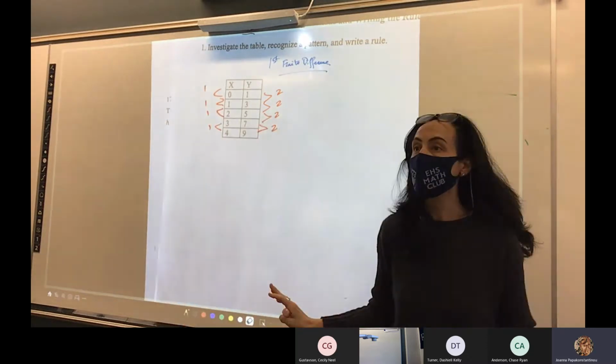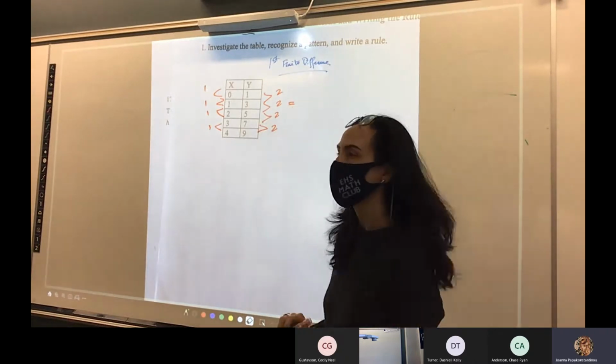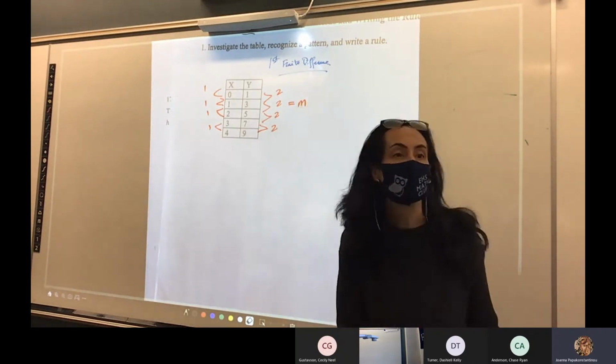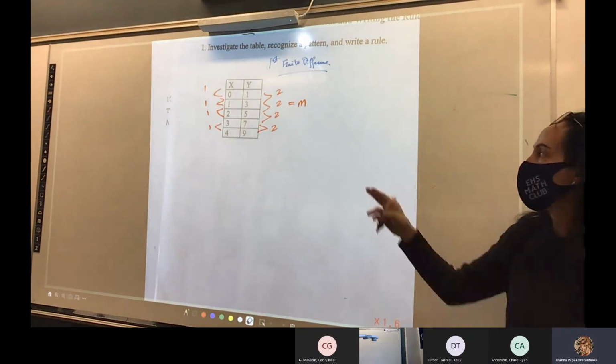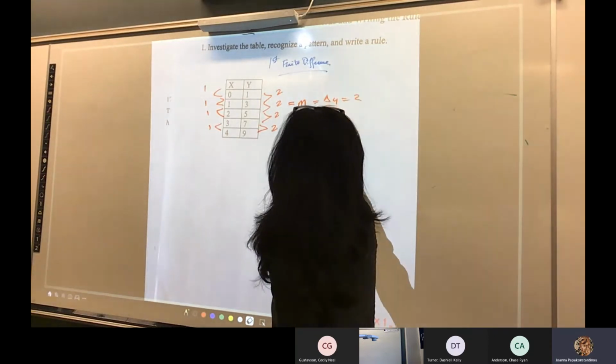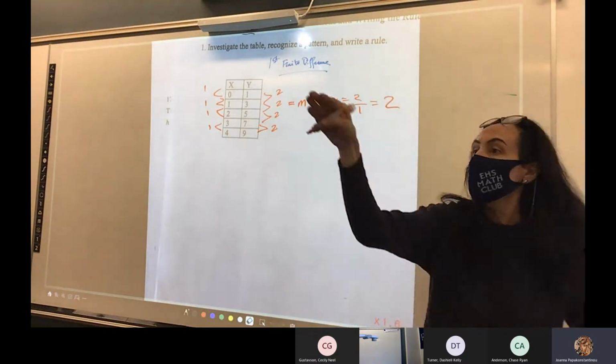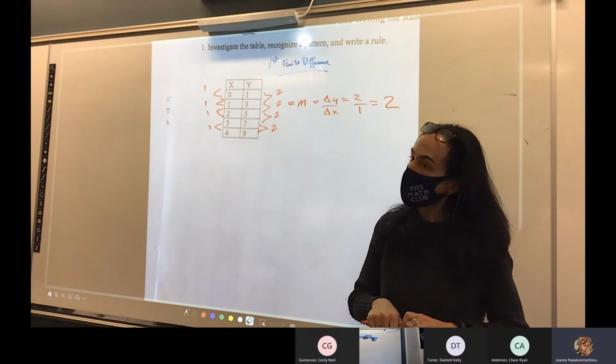So I'm good. Change of y over change of x is constant, and what does that represent? The slope. So I know my slope is 2. Change of y over change of x: change of y is 2, change of x is 1. So you can go one step further and write the rule.